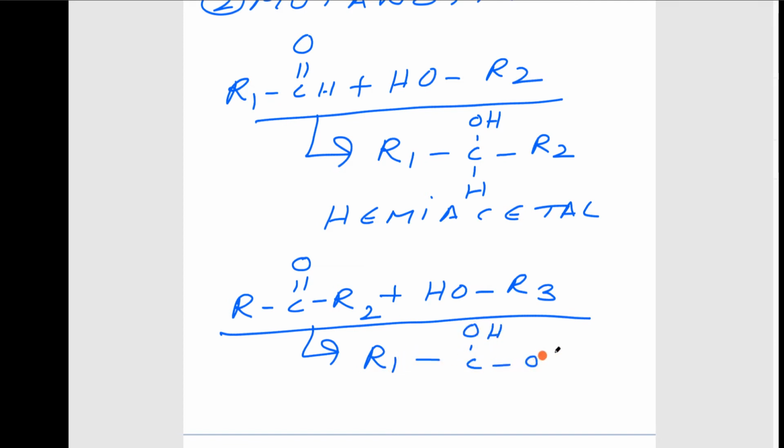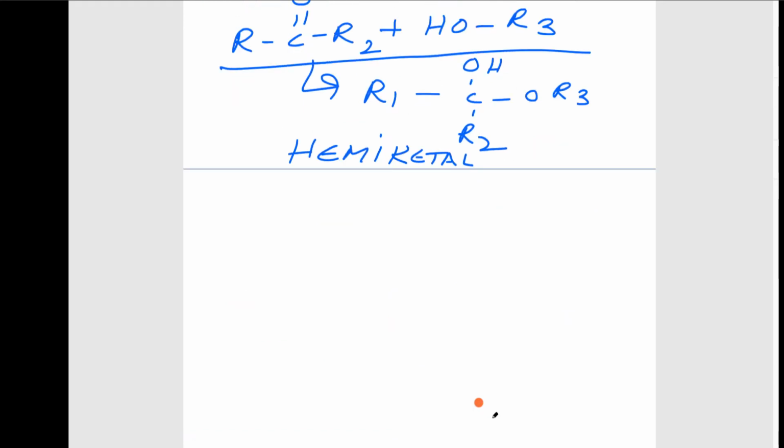See how the hemiketal formation is taking place, like this. So there is hemiacetal formation and hemiketal formation. Now I will write the straight chain exose sugar structure and also the cyclic structure.